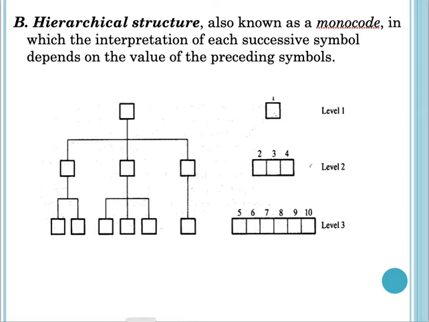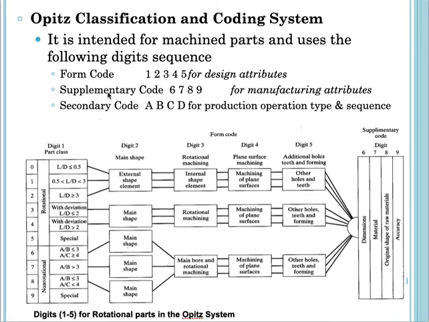As you can see here in the coding system, digit 1 is part classes, 0 to 9. Digit 2 is main shape. Digit 3 is rotational machined parts, with internal shape element, main bore and rotational element.